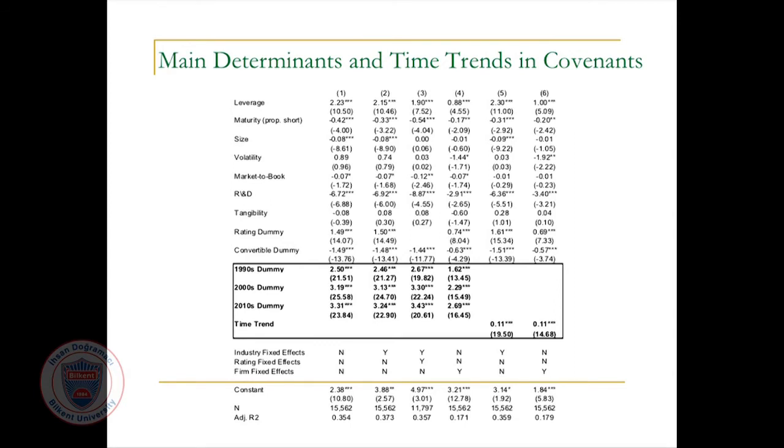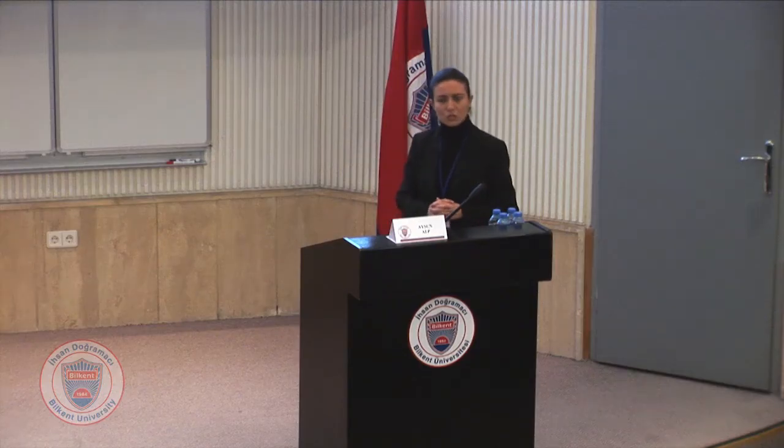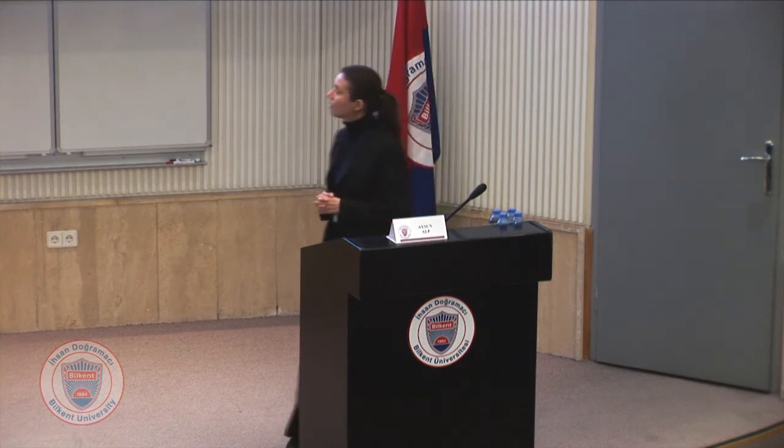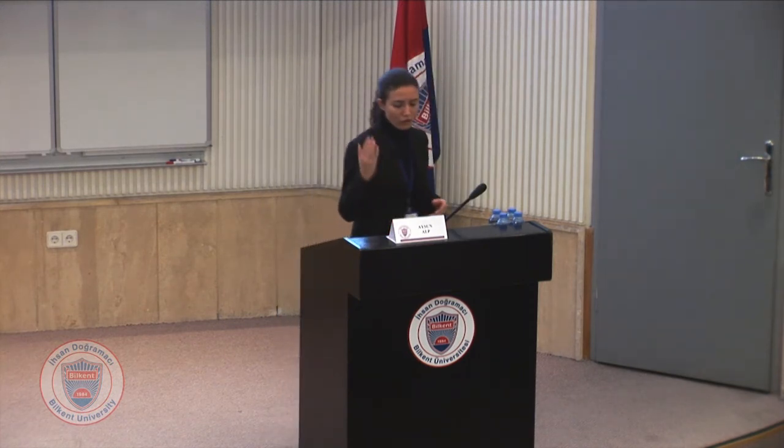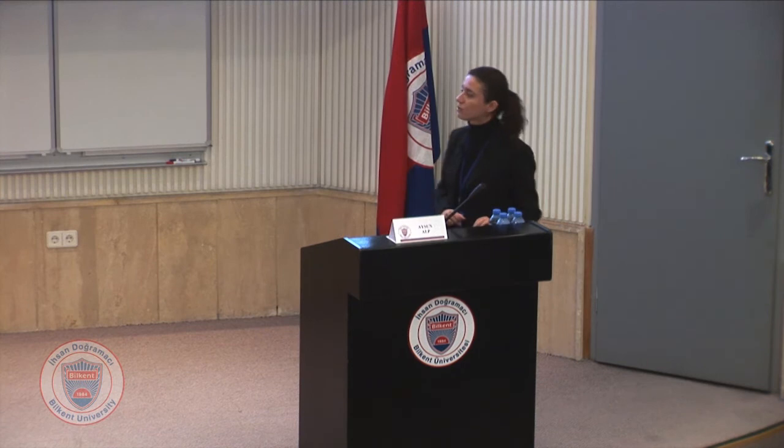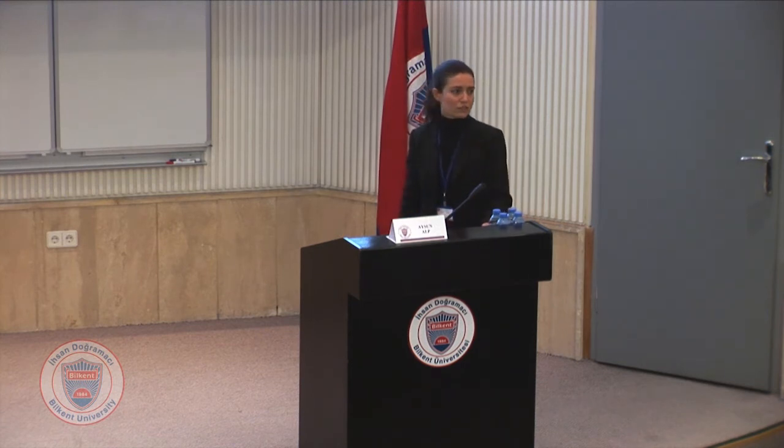So in this part of the analysis, we try to formally examine whether the changing firm characteristics can explain the increasing covenant trends. To do so, we model the covenants as a function of certain variables that are motivated by the agency theory of covenants, right?